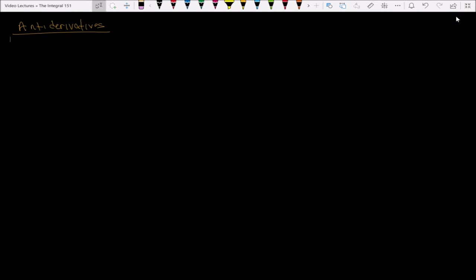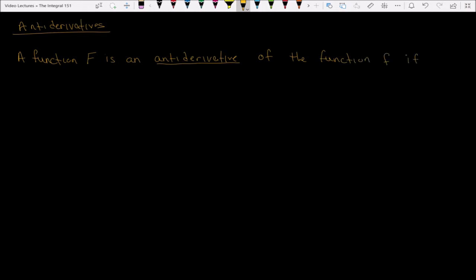Now, we say that a function, capital F, is an antiderivative of the function little f if F prime of x is equal to little f of x for all x in the domain of little f.